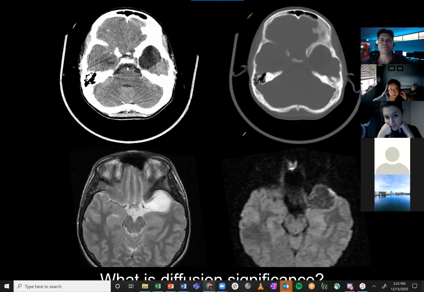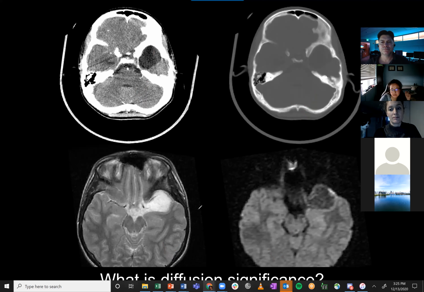Going to the top left, we have a CSF attenuating lesion in the left middle cranial fossa, causing mild osseous expansion. On the T2, we have CSF signal, and it just has mass effect on the adjacent temporal lobe, but no edema, nothing else.